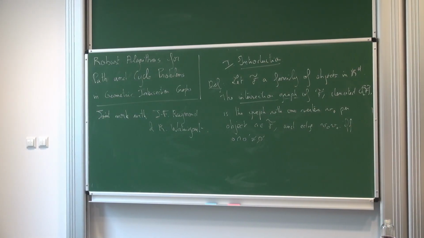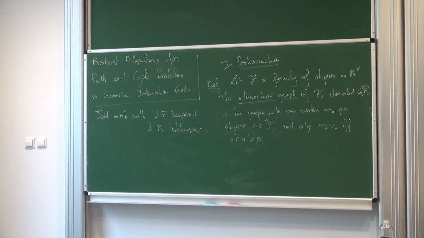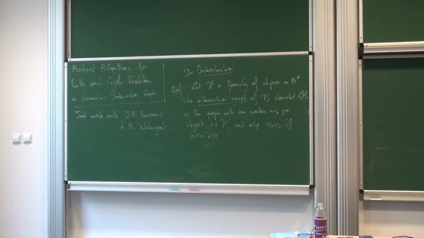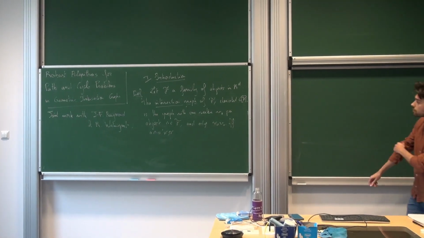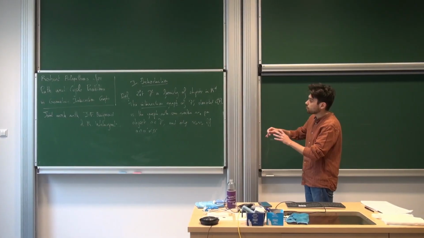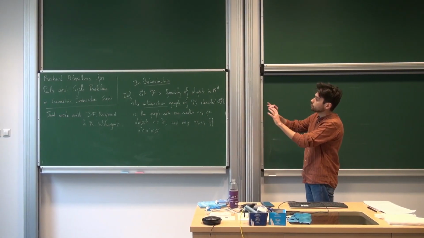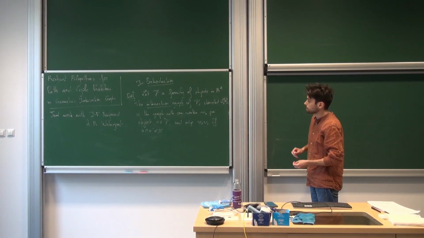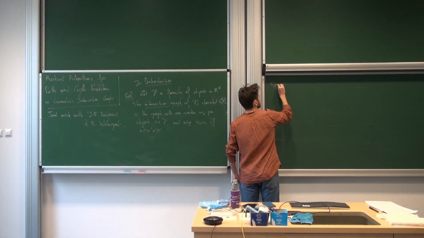Maybe you know some intersection graph families like string graphs. They are super famous. But I will focus on some specific class of those intersection graphs, which are close to what we call unit ball graphs. So let me give you some special cases.